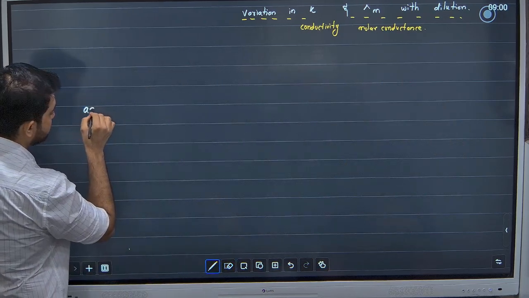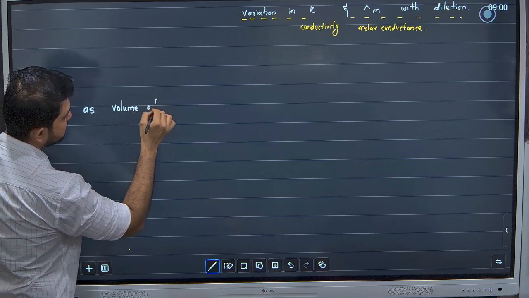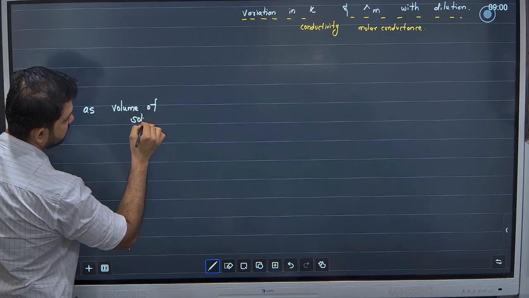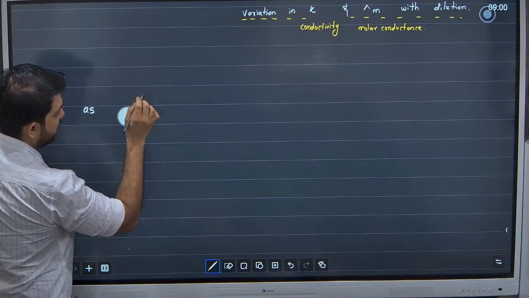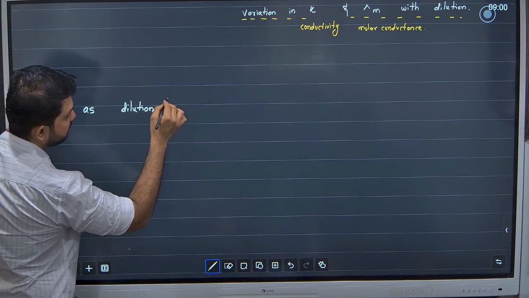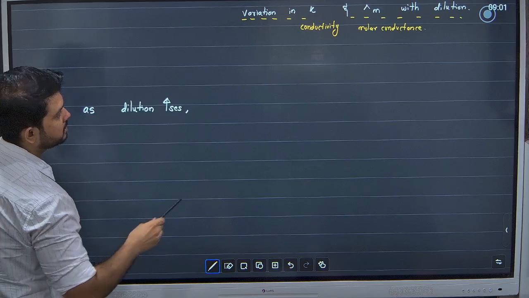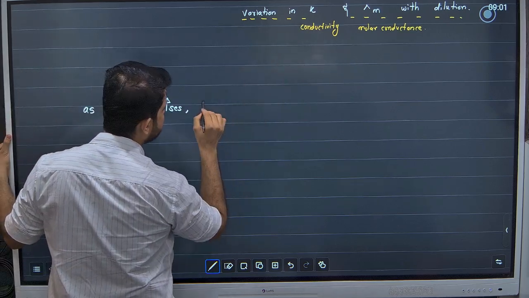In short, we can say that as the volume of solvent increases, as dilution increases, what happens to kappa, conductivity?